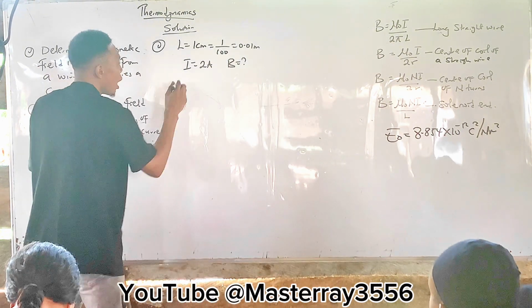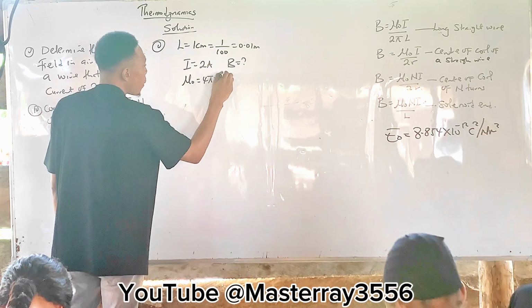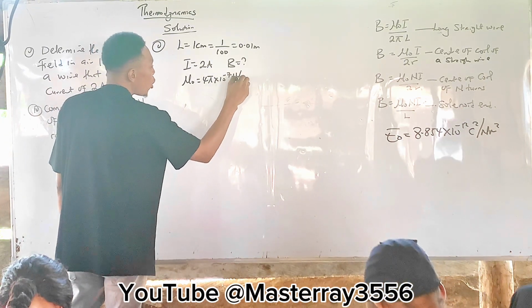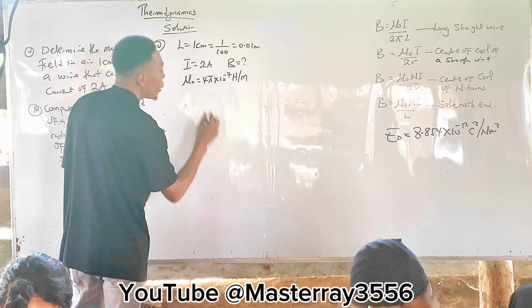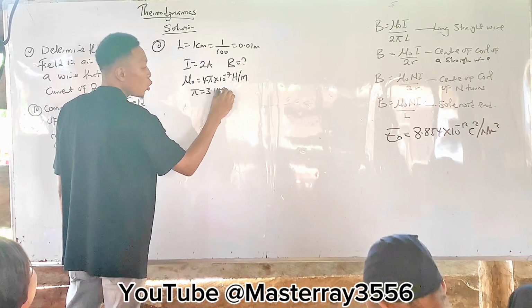Our mu naught is equal to 4 pi times 10 raised to power minus 7 henry per meter. Don't forget, pi is also constant, which is 3.142.